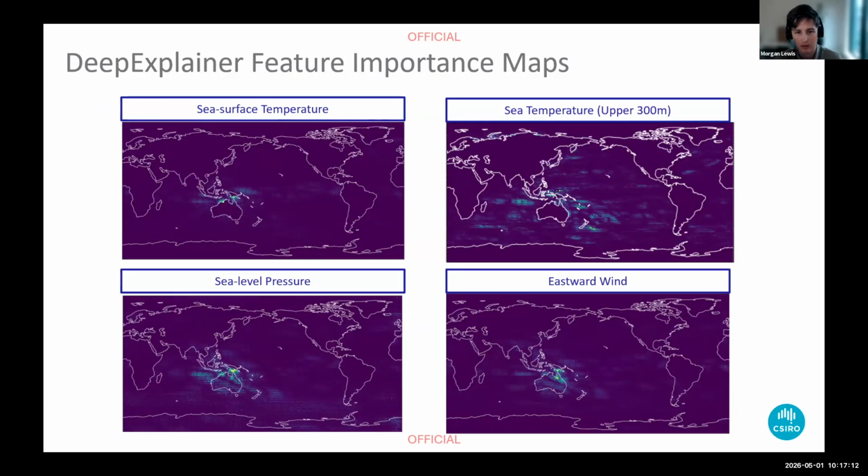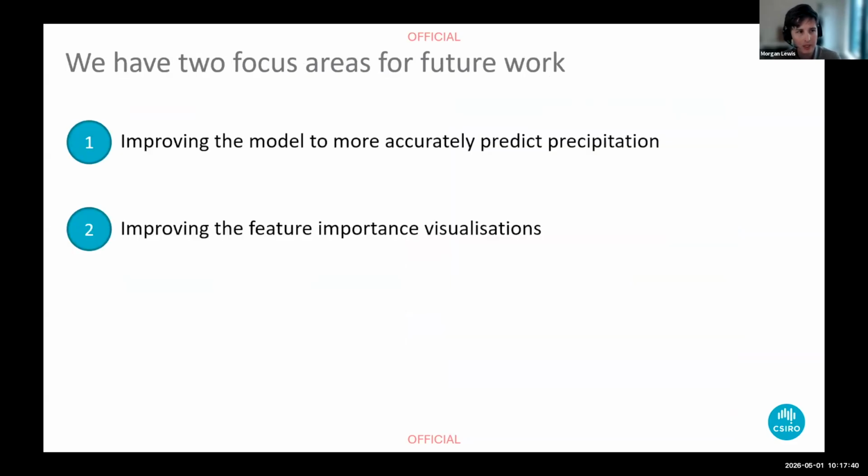So feeding different samples that the researchers are interested in looking at can really do a deep dive into the model inputs and see which particular spatial features and model variables are most contributing to the output that they're interested in.